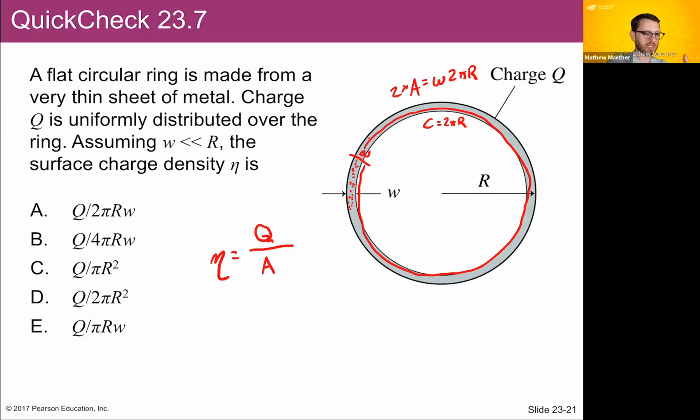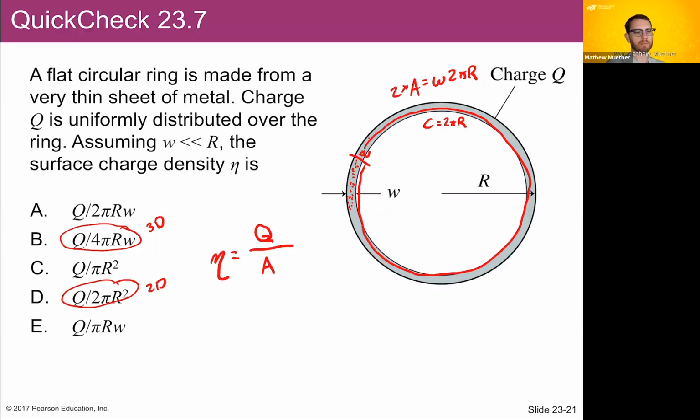Now, if this was really just an infinitely thin sheet of metal where the charges could only live in that two-dimensional plane, then I wouldn't need this factor of 2. And so the answer here is a little ambiguous because they're not exactly clear. The answer would be this one if it's a three-dimensional ring that has some actual thickness, but it would be D if this was a flat two-dimensional ring.